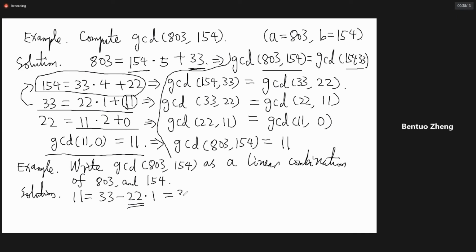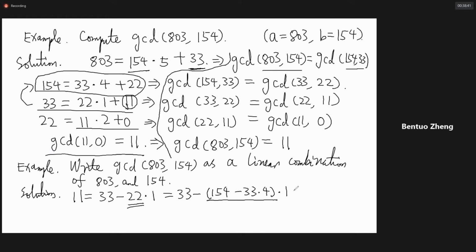So this is 33 minus, okay, now 22 is replaced by 154 minus 33 times 4. Okay, because you have a multiple times 1. Don't forget this times 1, because sometimes this is not 1. This parenthesis is to replace 22.